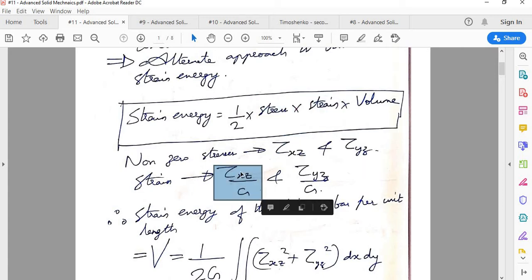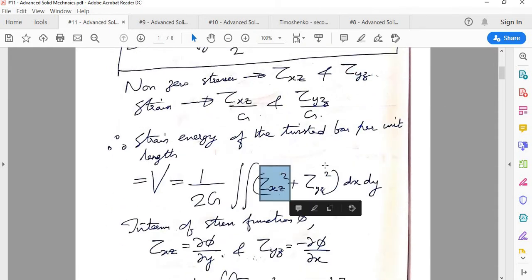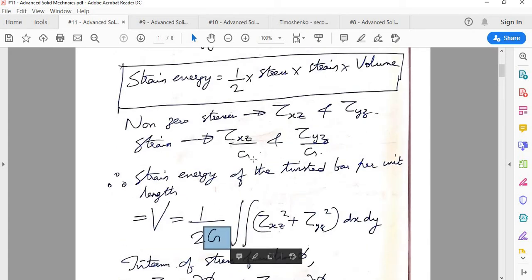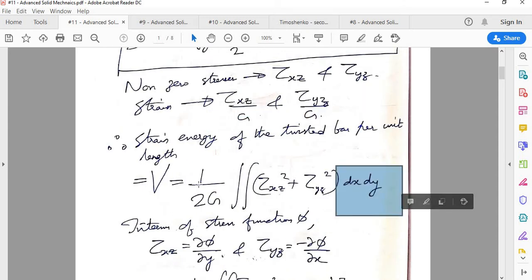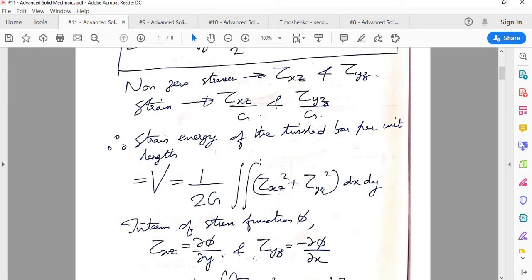A square will come because you have two similar terms. Half is outside, G is the modulus of rigidity which is common for both, and dx dy. So basically this is the strain energy per unit length, which is an integration throughout the cross-sectional area of this particular expression.